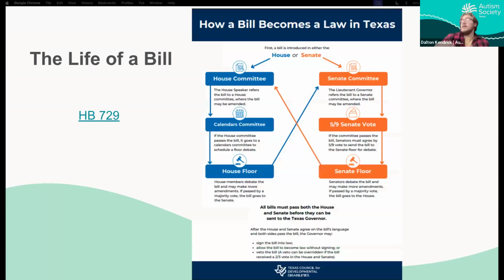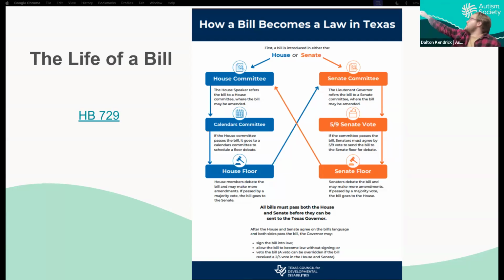So this little graphic is really, really helpful to me. So if you look at it, once a bill is introduced in the House, it goes to a committee where it can be amended. Then once it passes out of committee, it'll go to calendars. After calendars, it'll go to the House floor where they'll debate, everything like that.